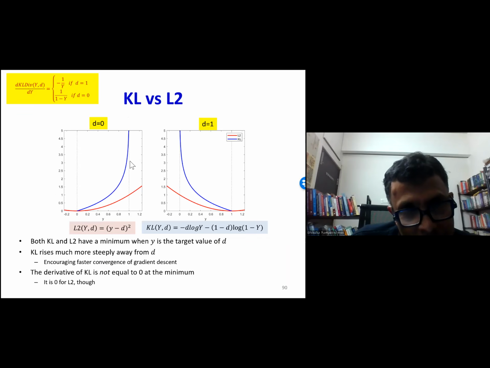From a probabilistic point of view, suppose your target class is 0 and your network says that the class is 1, then it's infinitely wrong, and the KL divergence becomes infinite. And then it comes down very fast as you go towards the correct class, right? And at the correct value, the slope is still 1. Similarly, if the target value is 1 and the network says the class is 0, it's infinitely wrong. And sure enough, the KL divergence takes a value of infinity and then falls very fast, and the slope becomes minus 1 when it hits the target value.